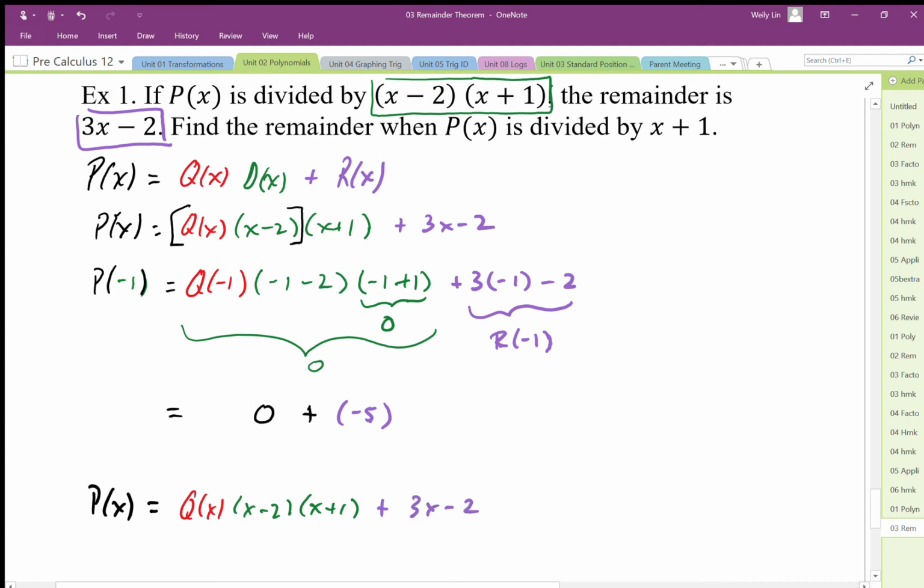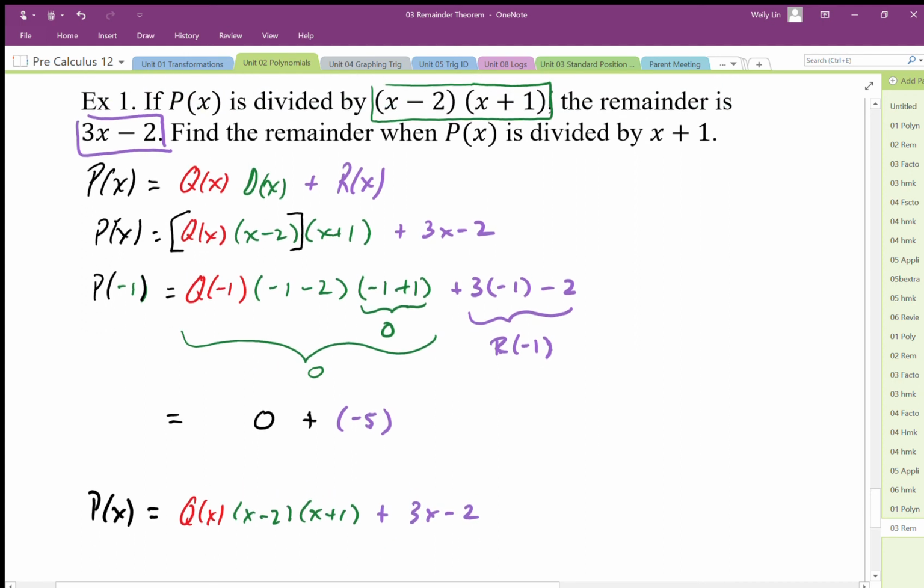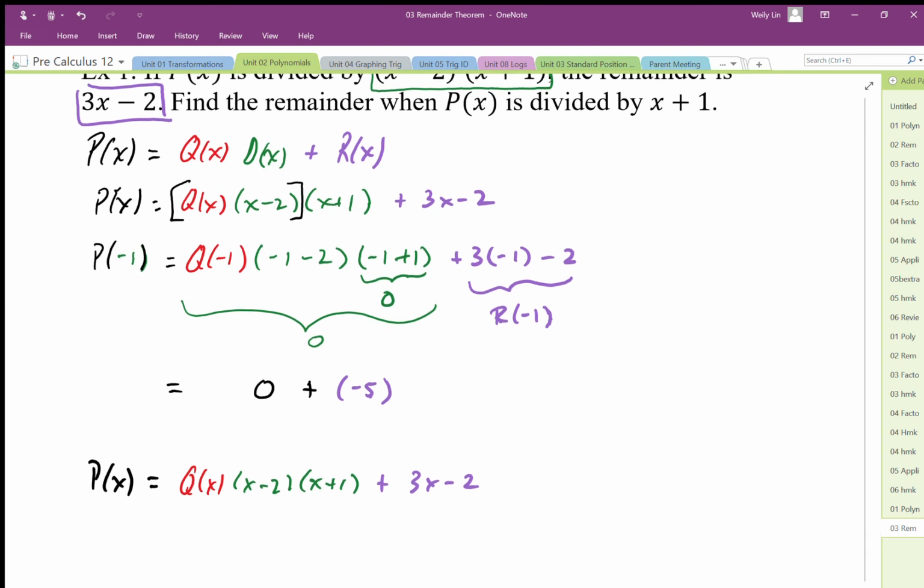Now, if I divide this expression by x plus 1, it is going to divide evenly into this part of the term, because those cancel out. So these divide evenly. And I then need to divide into 3x minus 2. Now this does not necessarily divide evenly into 3x minus 2. In fact, it doesn't. So when I divide into this term here, I should get a remainder.